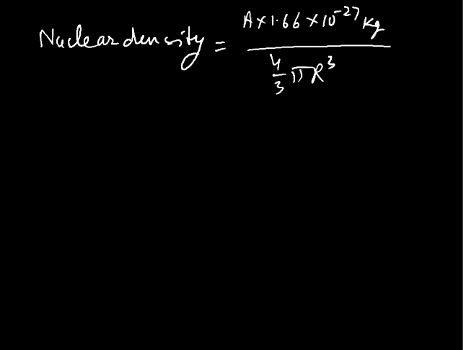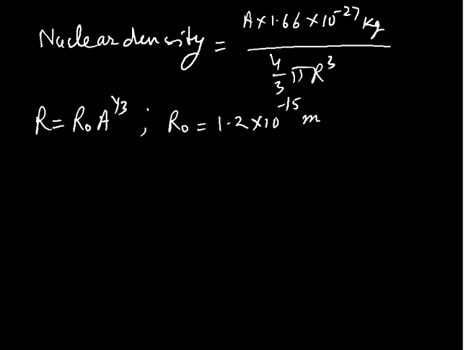As you know, r is the nuclear radius, so this can be defined as r equals r naught A raised to the power 1/3, where in general for r naught we use 1.2 to 1.6. I am taking here 1.2 into 10 raised to the power minus 15, right?